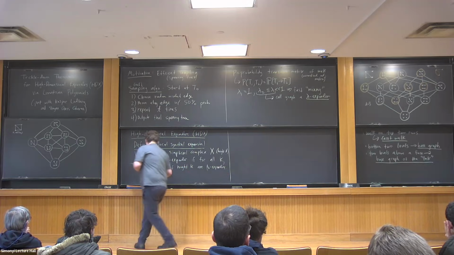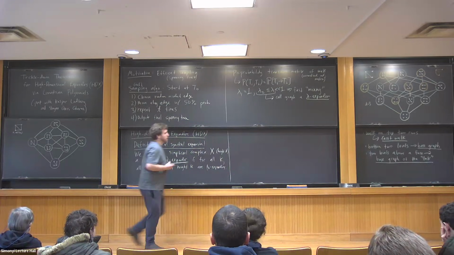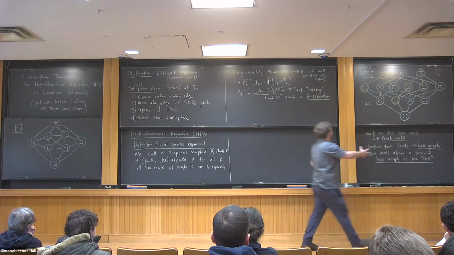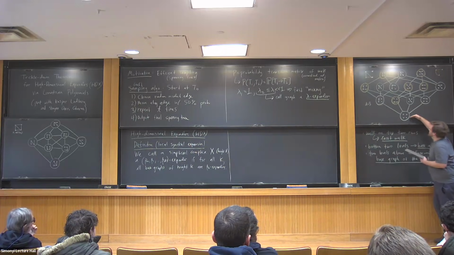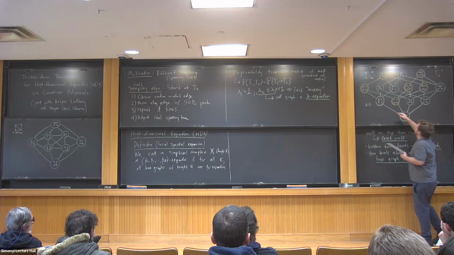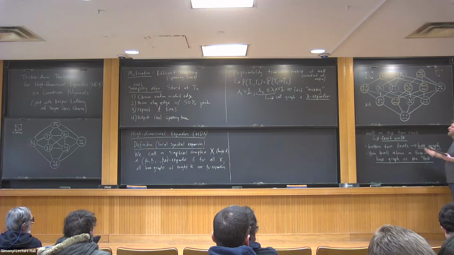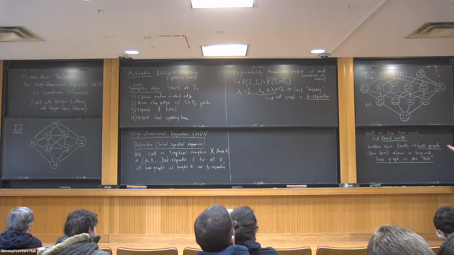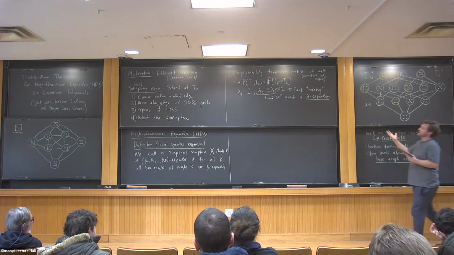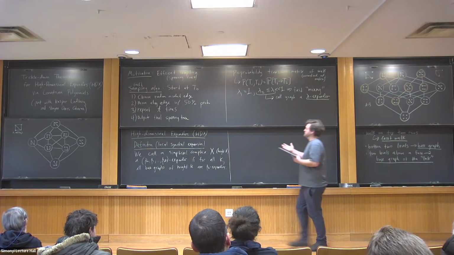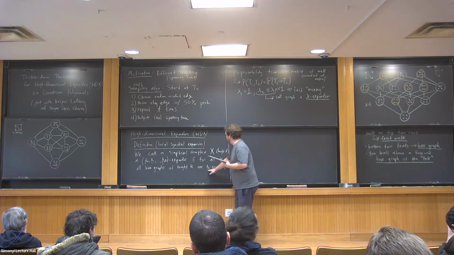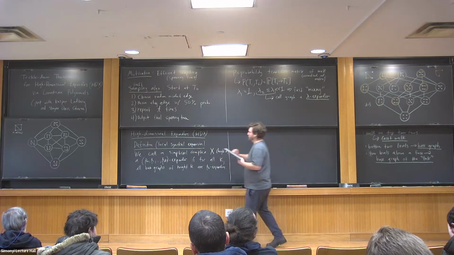And again, what I mean by that is, you look at all of these different base graphs, right, the base graph of the whole complex in this case will be related to beta 0 because it's the base graph at height 0. And all of the base graphs related to things right above each of these will be height 1. Okay, you look at these base graphs, you look at some kind of normalized adjacency matrix, and you want it to be that their second eigenvalue is bounded by this beta k for all k.